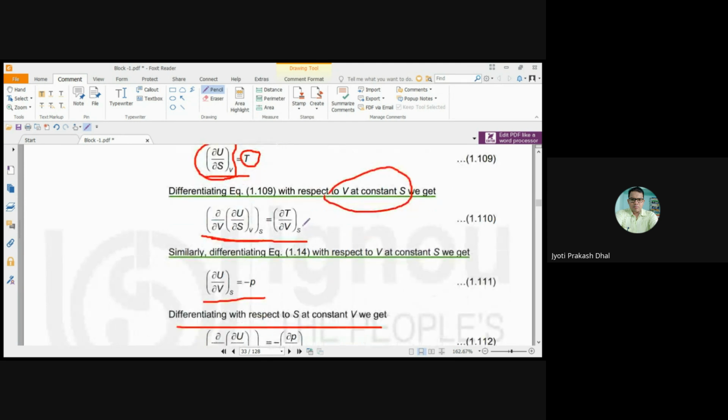If we take the differentiation of the RHS with respect to V at constant entropy, we can write the RHS as del T by del V at constant entropy. So this is equation number 1.110.